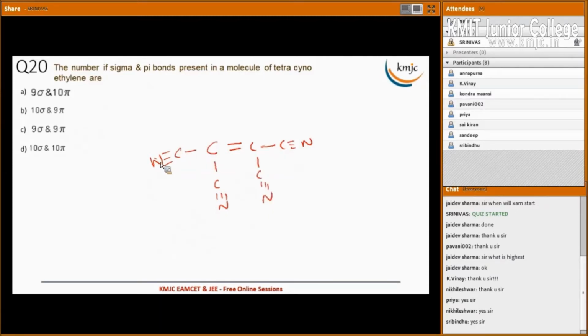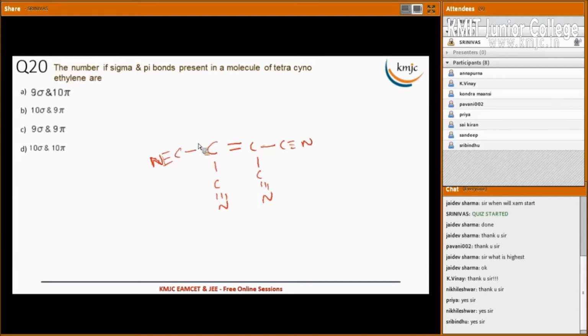So when you go with the structure, what is the structure? It is tetracyanoethylene. So this becomes the structure.